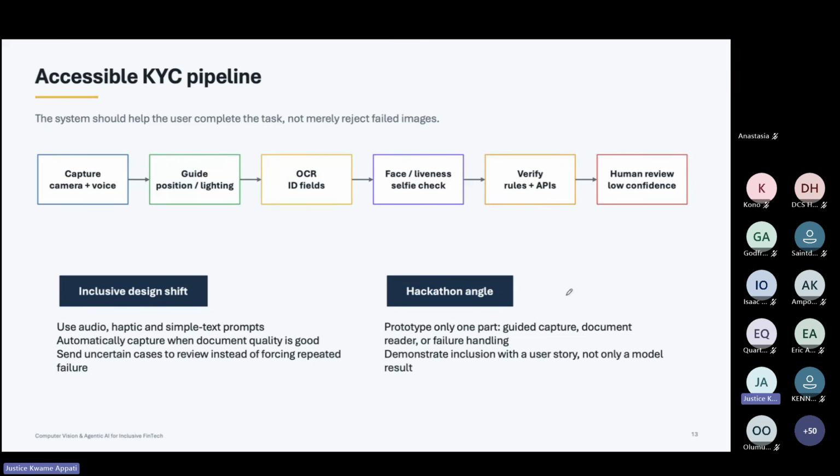So here's the pipeline. I capture either by camera or by voice, depending on who the person is, and I guide the person by position and lighting. Once I capture, here we are assuming an ID card is being captured, I extract your face, your name, your country of birth, the things you see on a normal ID card.